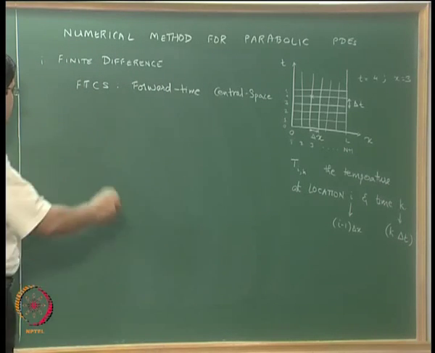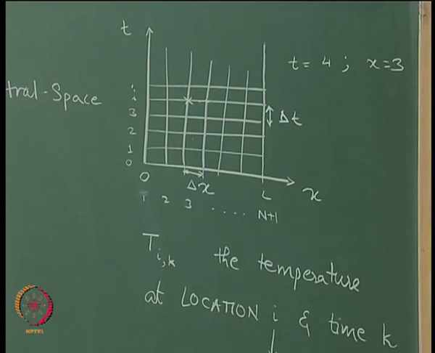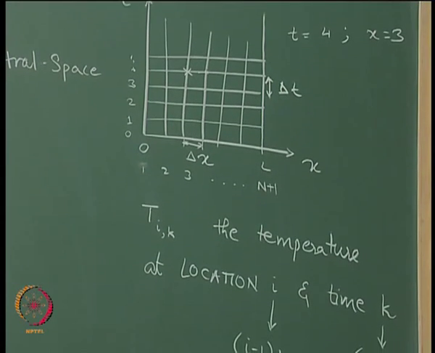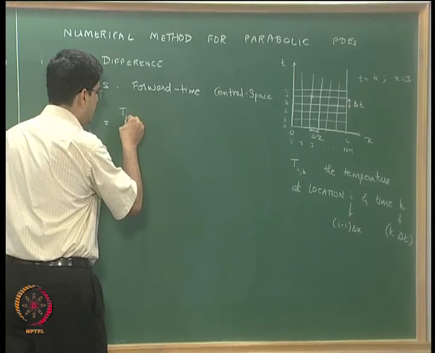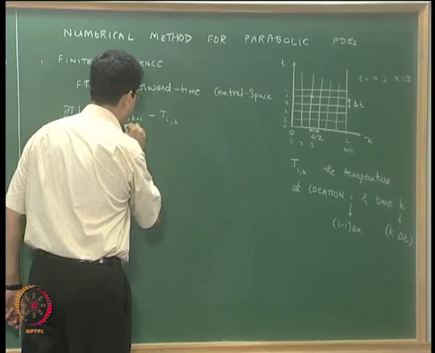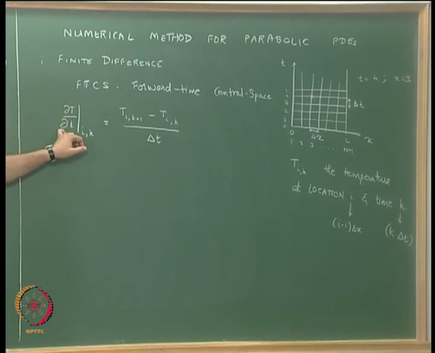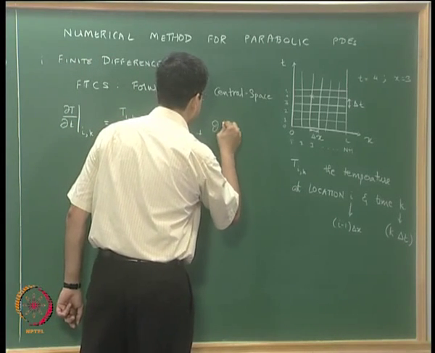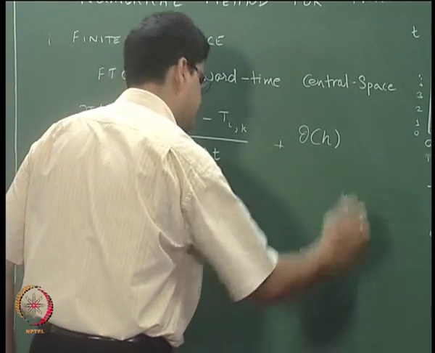So what we had is partial T by partial t, computed at location I and time k. Now we are going to use a forward difference in time. So this is going to be T(I,k+1) minus T(I,k) divided by delta t. That is going to be our partial T by partial t, plus an error of the order of delta t.